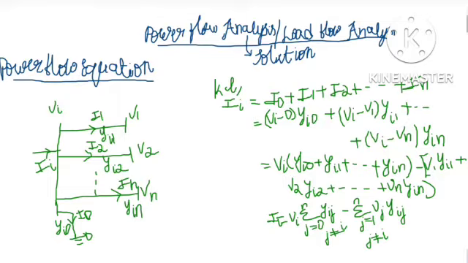So the summation, j equal to 1 to n, Vj Yij. Here also j is not equal to i again.